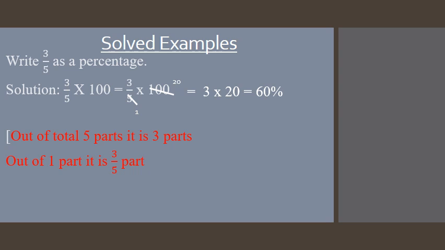Clear? So, out of 100 parts, it is 3 by 5 multiplied by 100. And you know children that percent means out of 100. That is why when we have to write 3 by 5 as percentage, we will multiply 3 by 5 by 100. Right? And we get the answer as 60%.